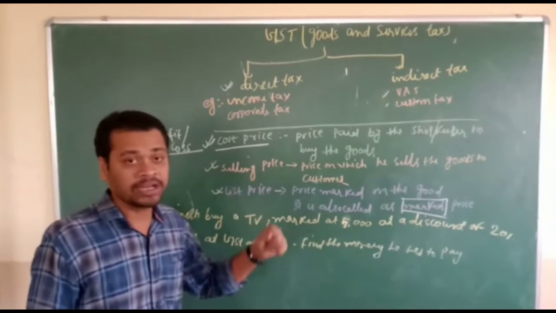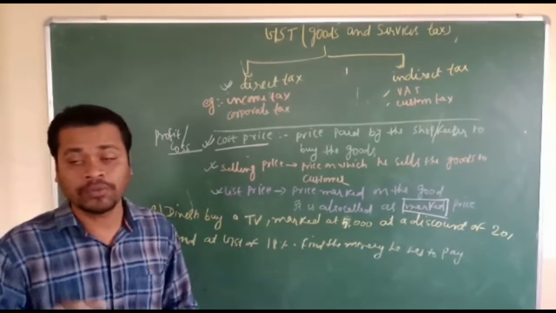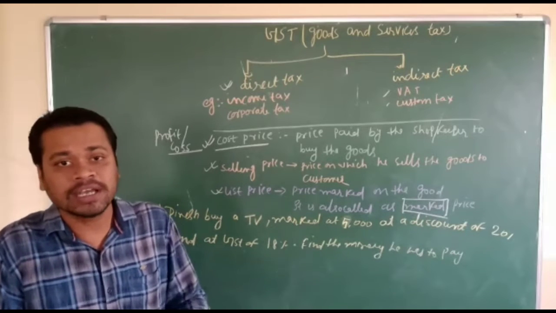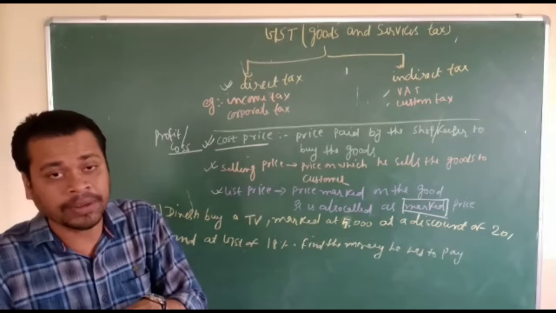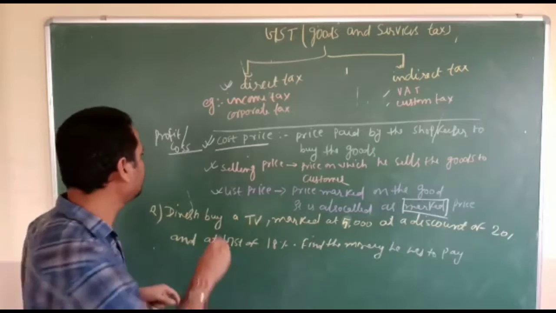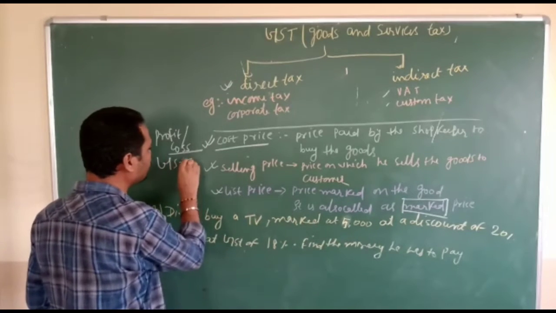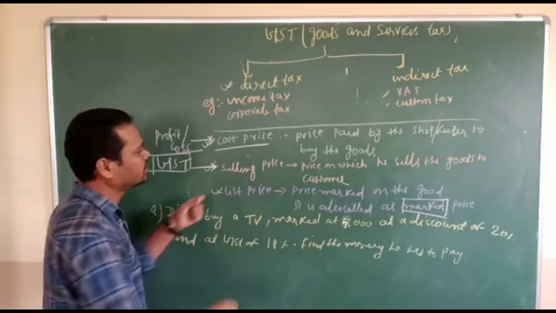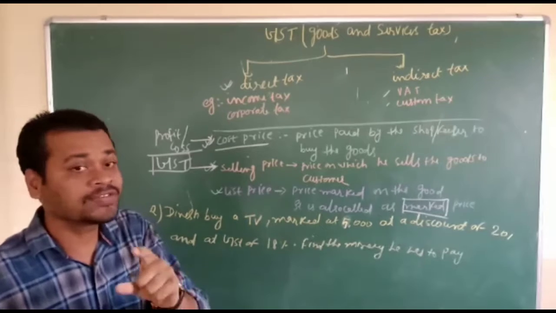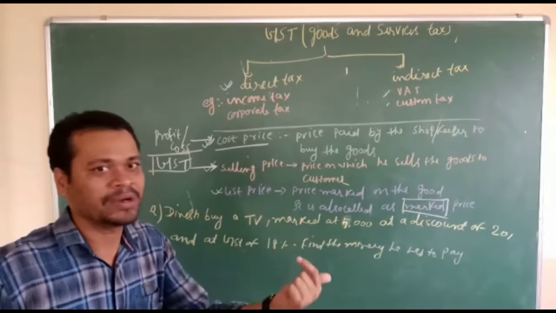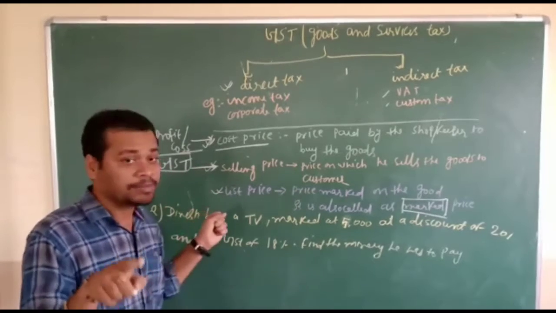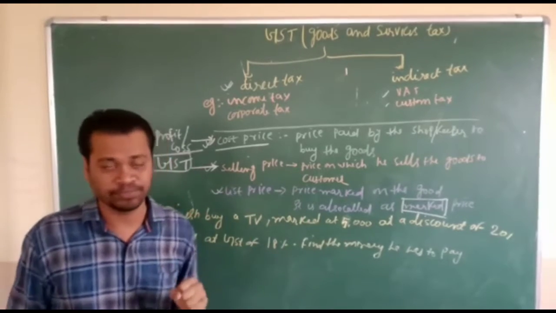Whatever GST we are paying to the government, we pay on the money at which we are buying the goods or the shopkeeper is selling the goods, right? So GST is completely based on selling price. Selling price for the shopkeeper, buying price for us. On that money only we are paying the GST.